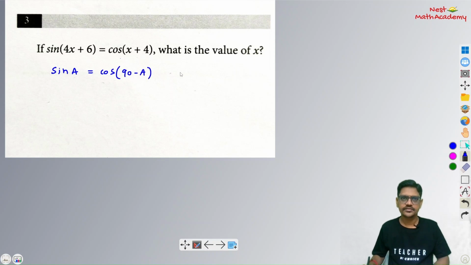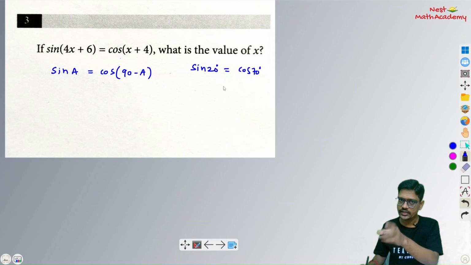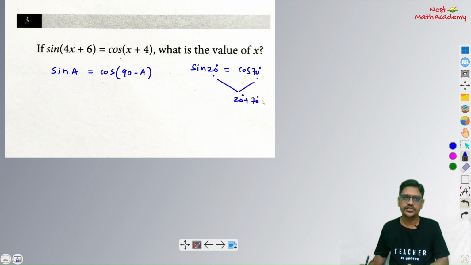In general, you can say that sine of 20 degrees is equal to cosine of 90 minus 20. It could be any angle inside the sine. If it has to be equal to cosine, it would be 90 minus that. Means the angles are complementary. The sum of the angles is going to be 90. That is the observation we need to have here.